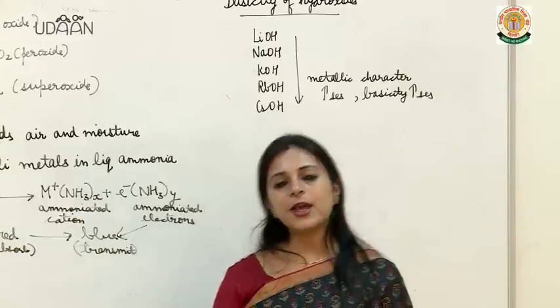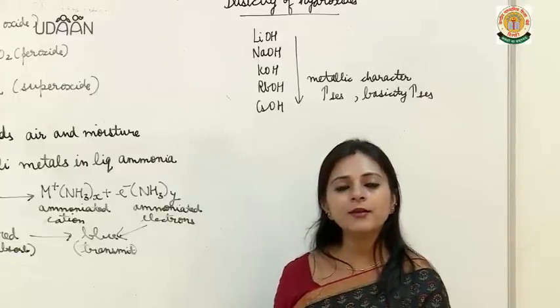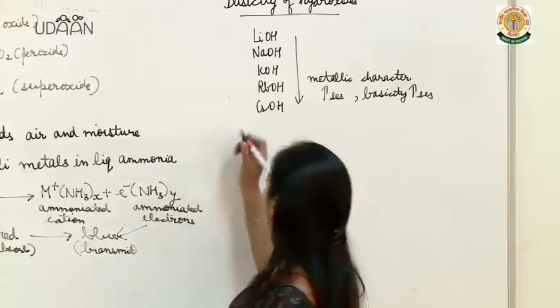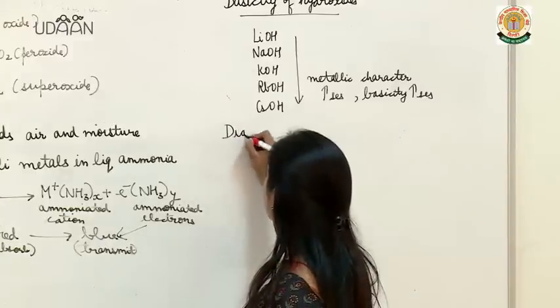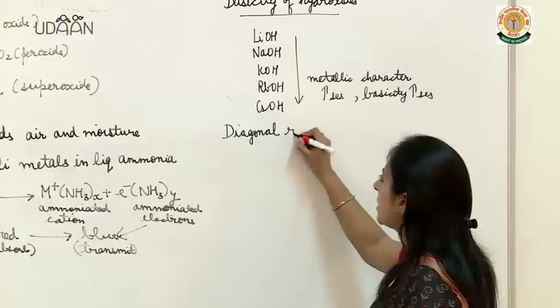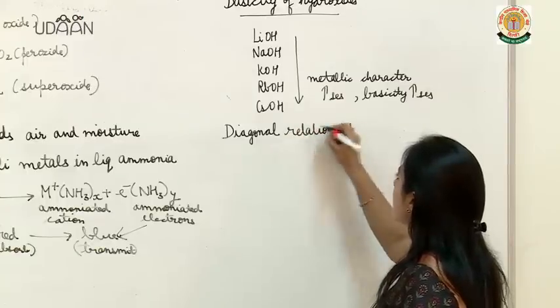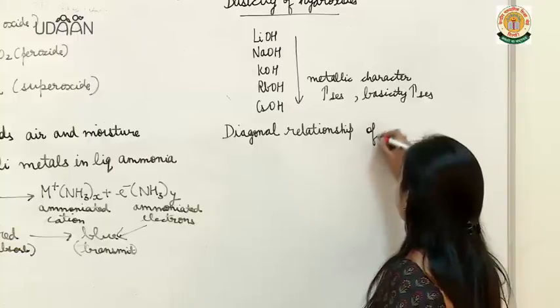Now let us understand the diagonal relationship between lithium and magnesium. Now why is lithium showing a diagonal relationship with magnesium? Because of the same charge by radius ratio, lithium is showing diagonal relationship with magnesium.